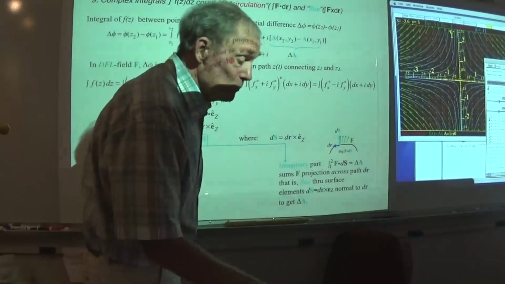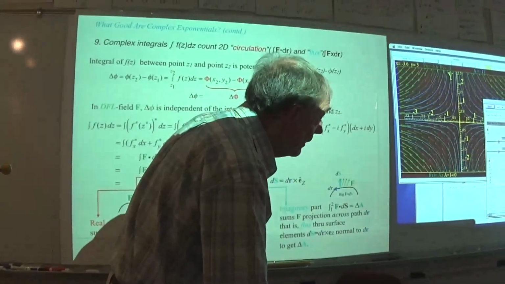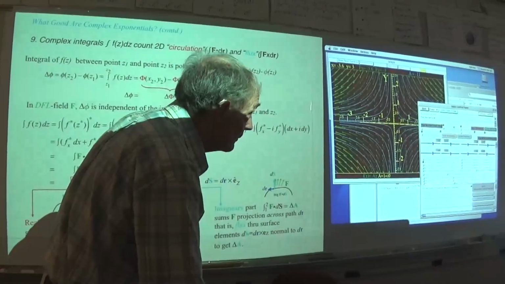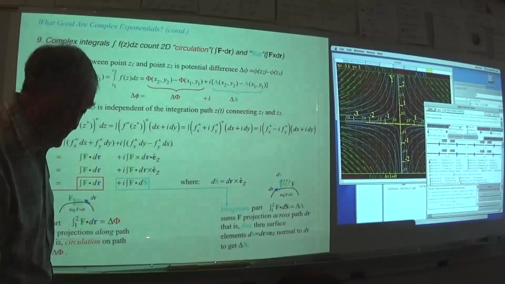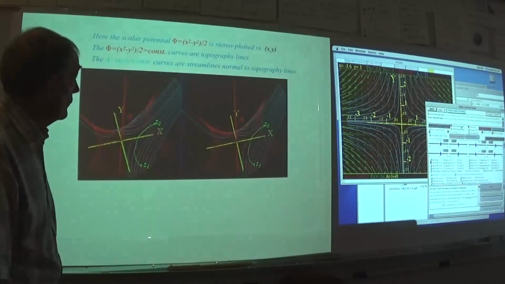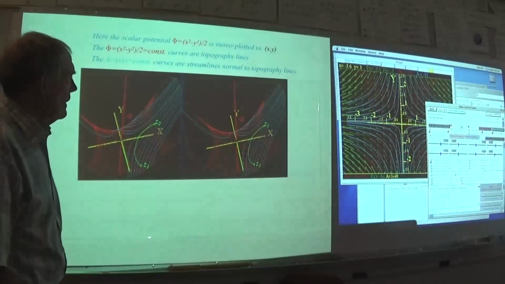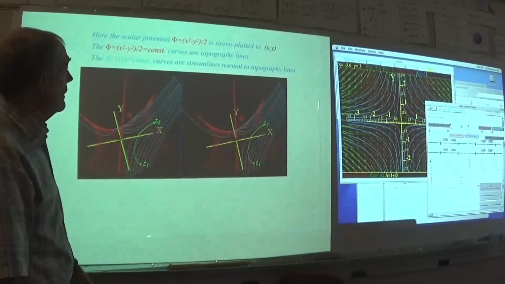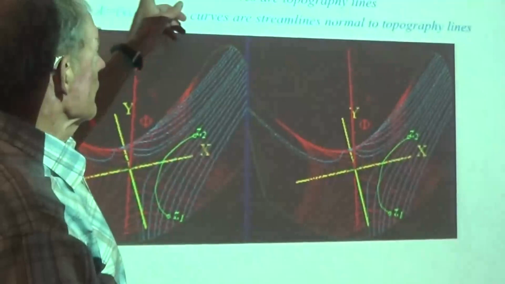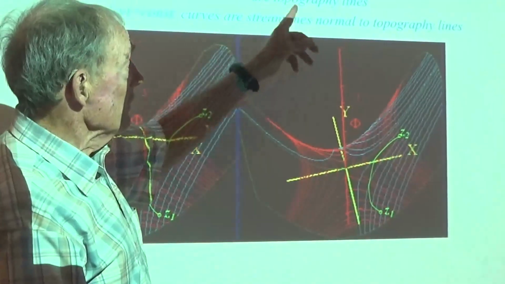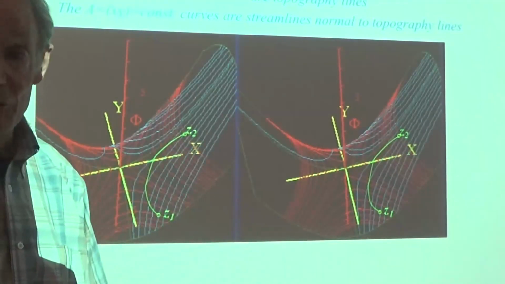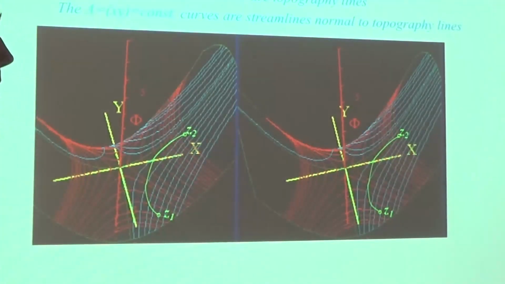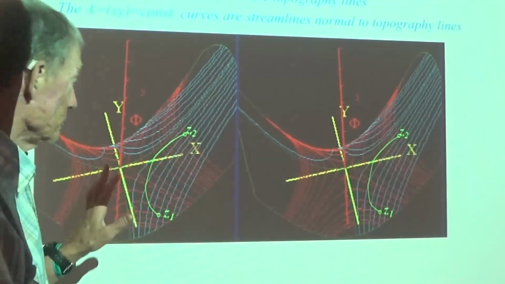Okay, we've got a few more minutes here. I think we can go up to pretty close to the halfway point for this particular lecture, and that's this one right here. And that's where we actually look at the topography lines. Here the scalar potential is stereo plotted, and that's what the computer, the one that TC is trying to bring kicking and screaming into the HTML world, does.